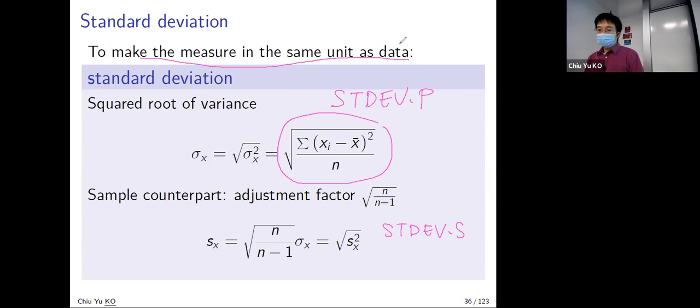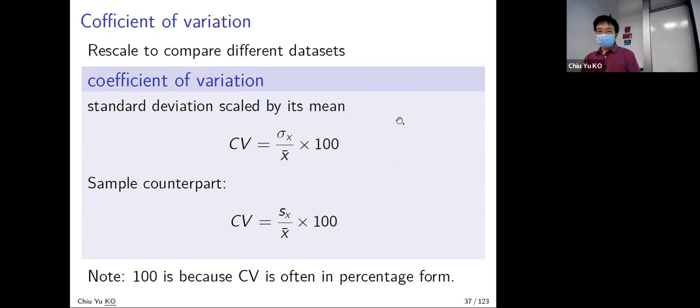So the next thing is a very closely related one. You take the SD and divide it by the sample mean, okay? That is dividing them. And usually you multiply by 100, okay, to express it in percentage form.